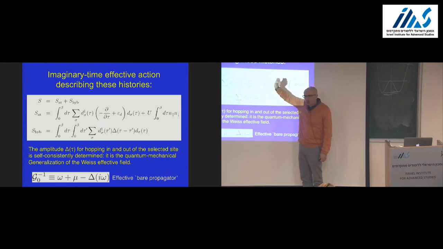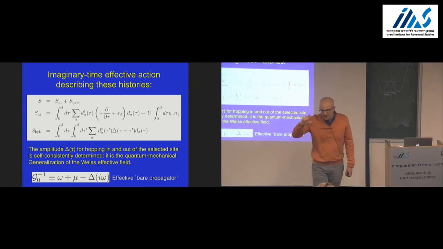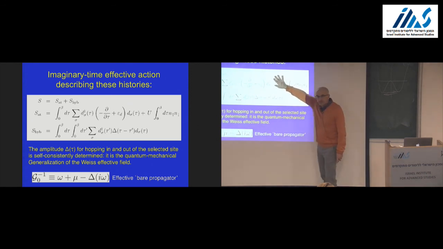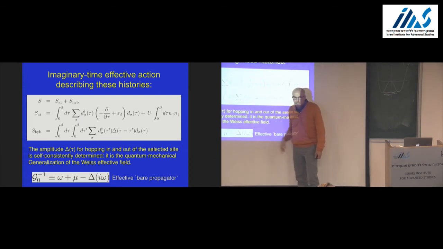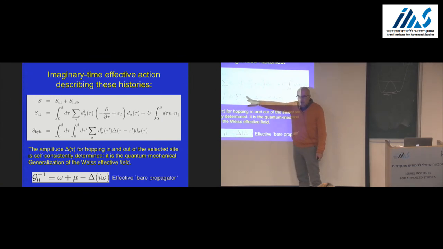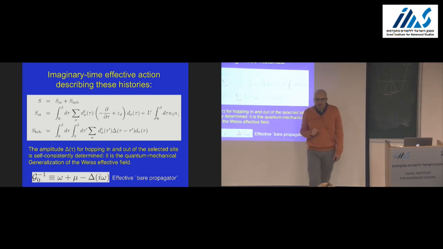It's not just a two-state problem. It's a real many-body problem of an Anderson impurity type. And this quantity here, the hybridization function that connects my atom to the rest of the system, is the quantum generalization of a Weiss field, if you want.